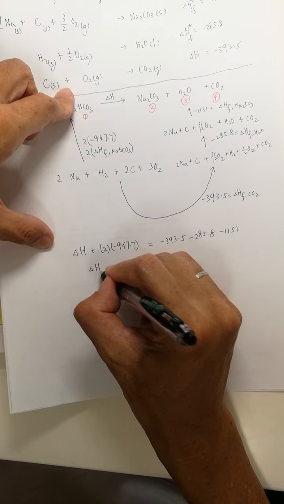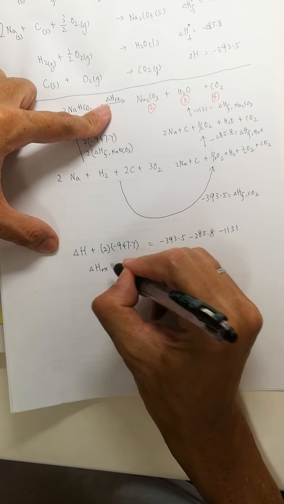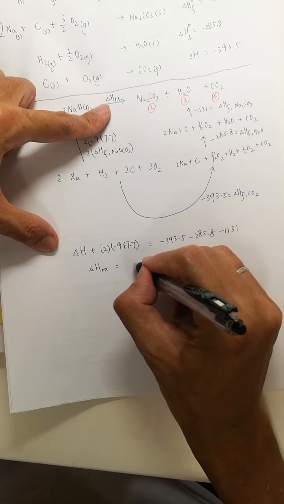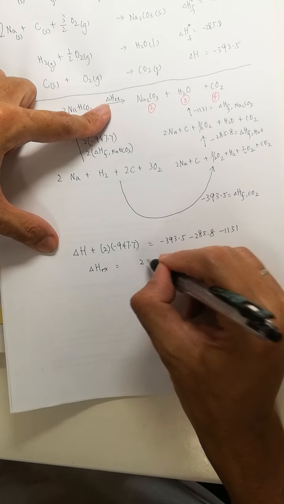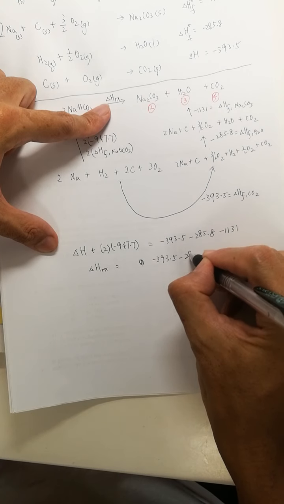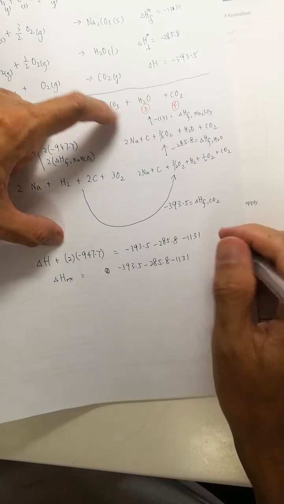And the delta H of this reaction, ROX stands for reaction, is minus this term.